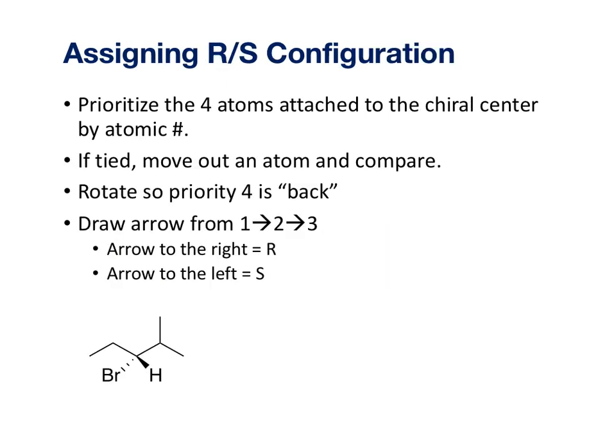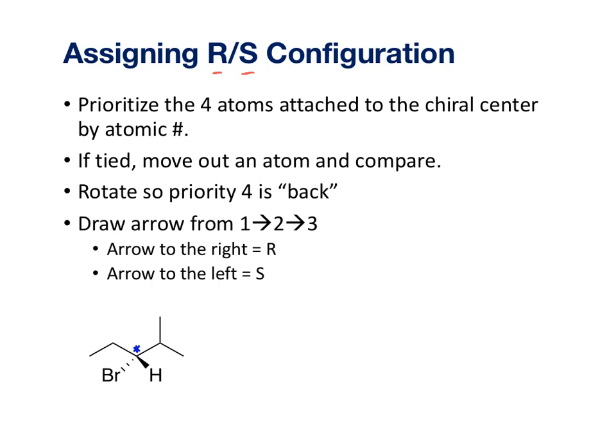When you have a chiral center, you want to be able to assign its R and S configuration. And for a simple molecule with one chiral center, one enantiomer will be R, the other enantiomer will have the S configuration. Our general rules for doing this: find your chiral center. In this case, it's right here.